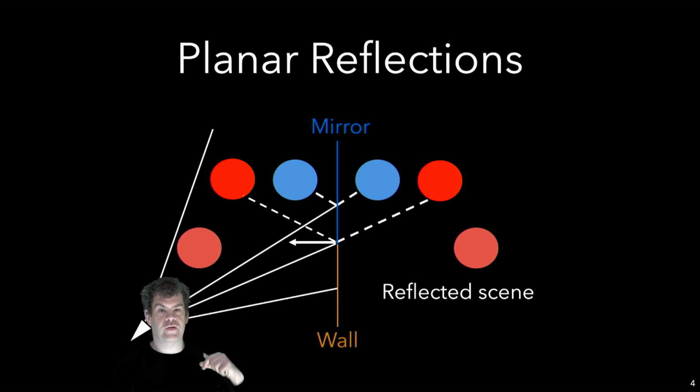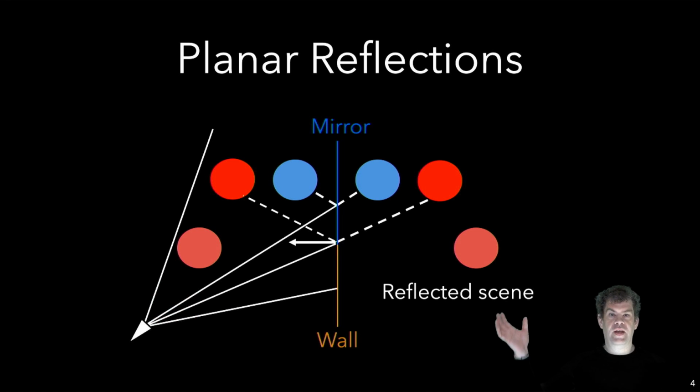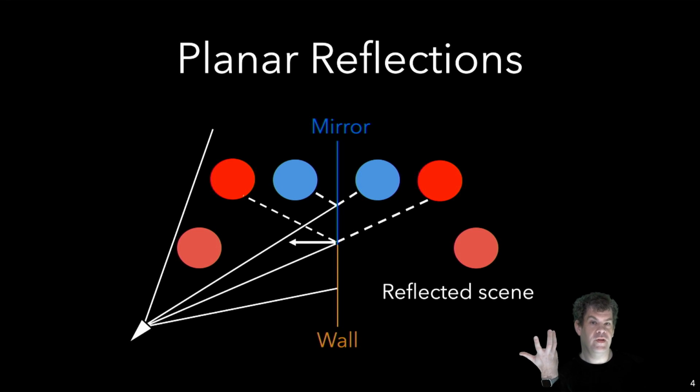It's made up of a bunch of spheres or circles in 2D. And on the right side, where the mirror is in the center, I say, okay, what if we just copy the scene? We literally mirror the scene around the center, and we'll just pretend there's another scene that just happens to be exactly the same, except for the fact that it's mirrored.